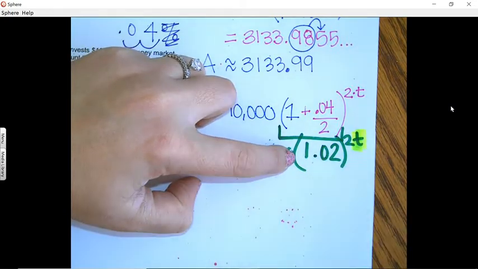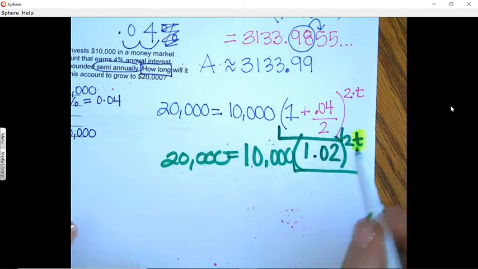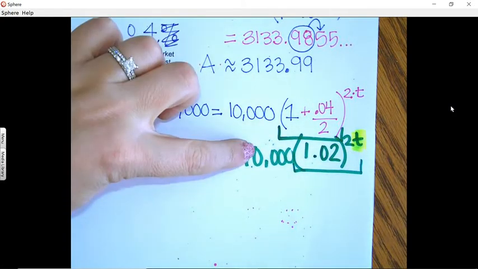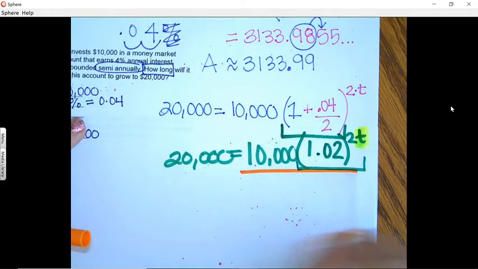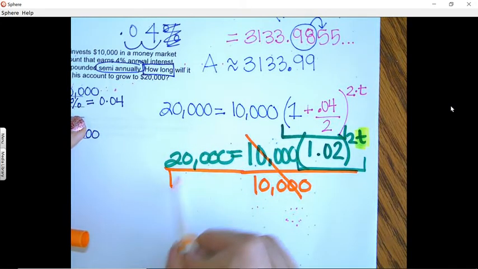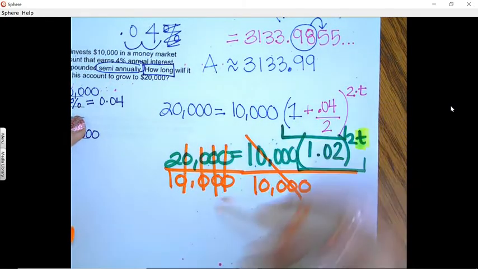So this is all one term right here. So if I want to get rid of this 10,000 to try to get the t by itself, we're going to divide by 10,000. Whatever we do to one side, we do to the other. And we would get 2 here.